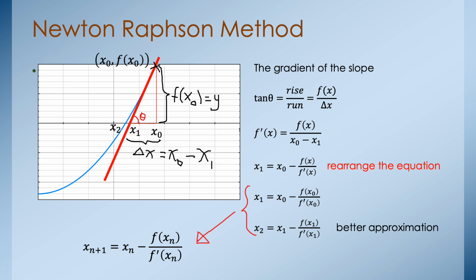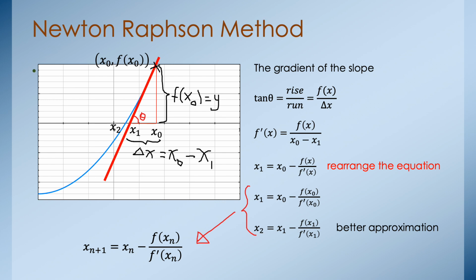How to prove the Newton-Raphson formula? First, let's say we have a nonlinear curve passing through the x-axis, which we call the x-intercept.